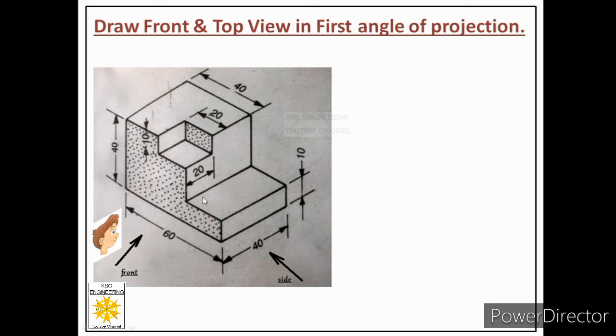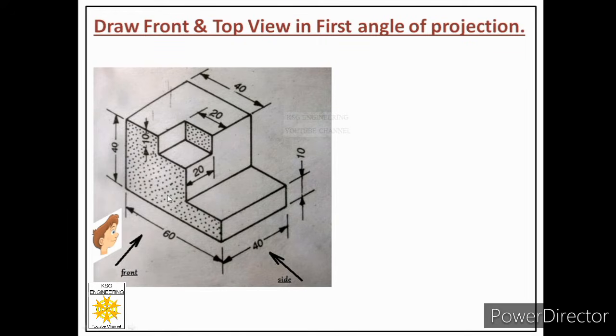It means if I have to draw the front view of this object, then I have to search for two kinds of faces which are either parallel to VP or inclined to VP, because when the observer looks at this object from the front, the observer will project the image on the vertical plane only, which is behind the object.